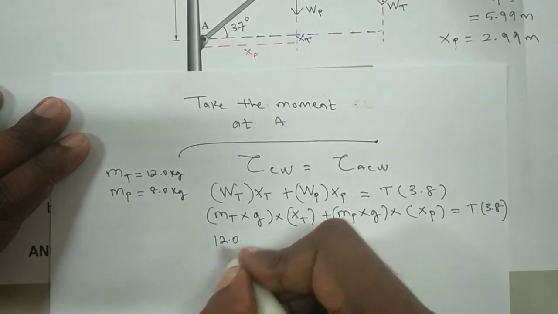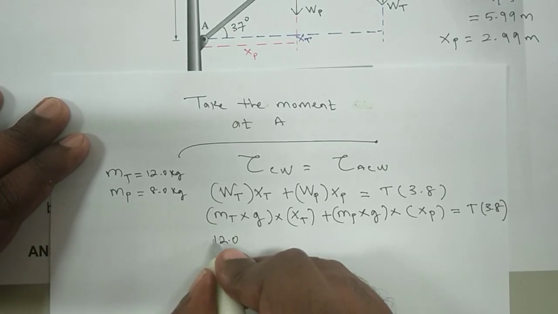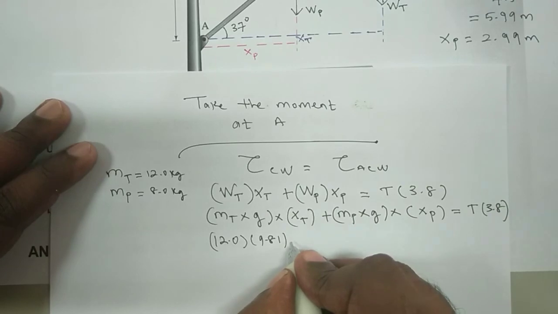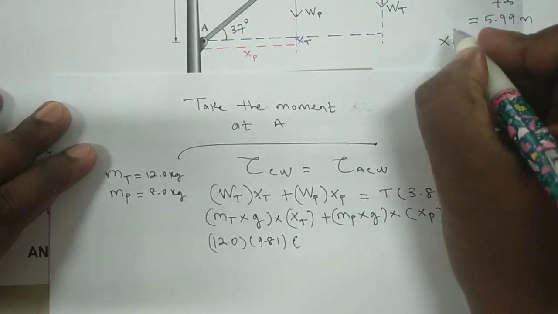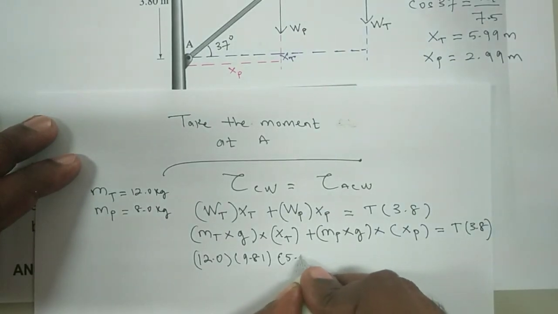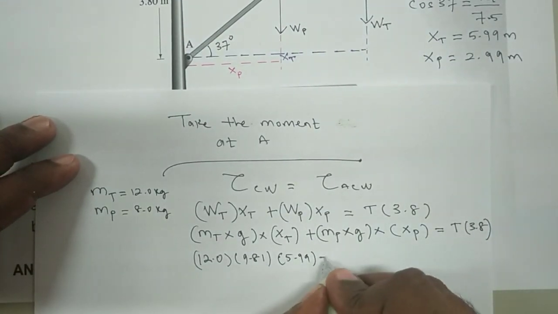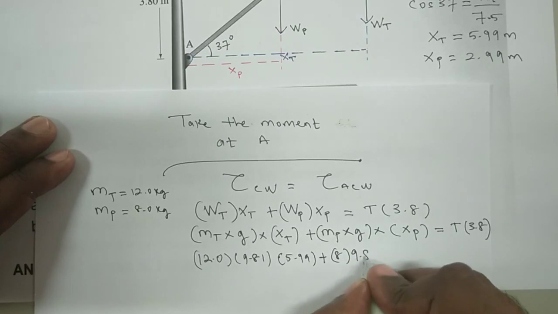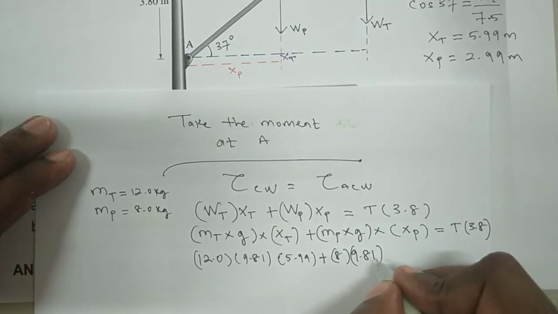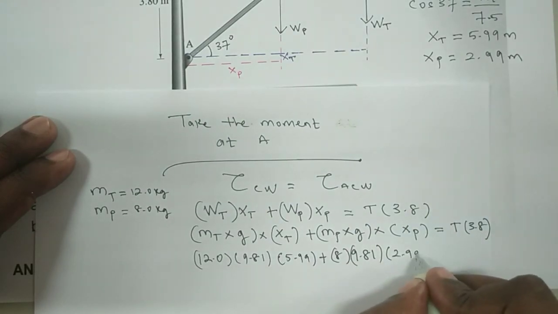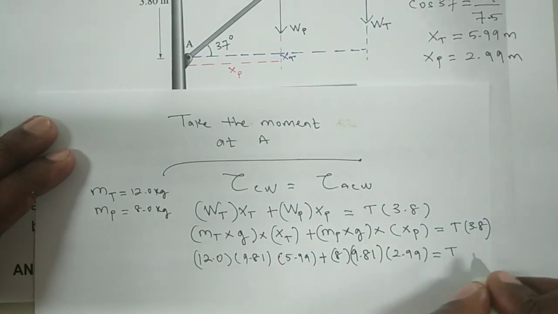12.0 times 9.81 times xt. Xt is 5.99 plus MP is 8 kilogram times 9.81 times xp is 2.99 equals T times 3.8.